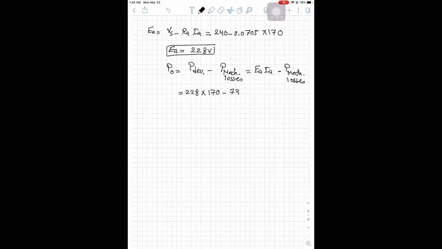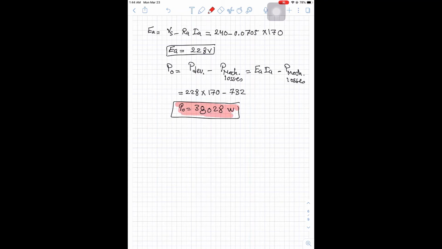So 228 times 170, minus 732 watts. So P output equals 38,028 watts.